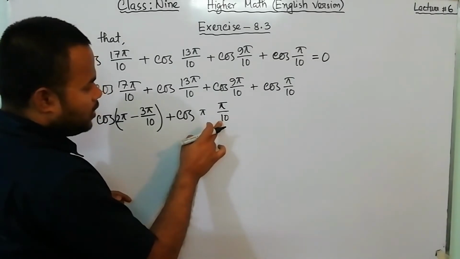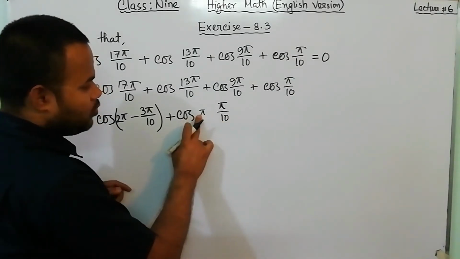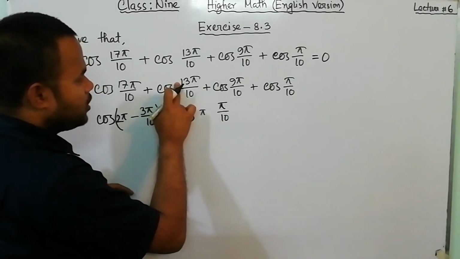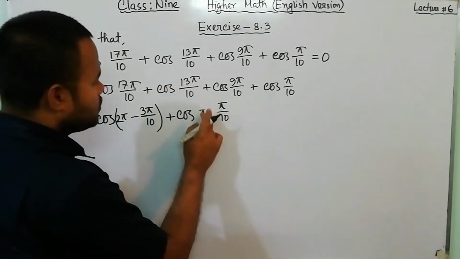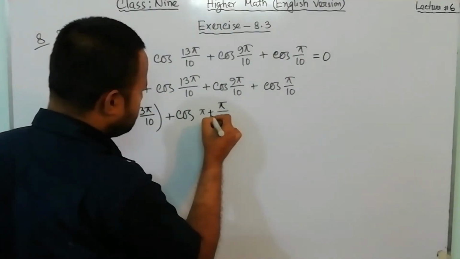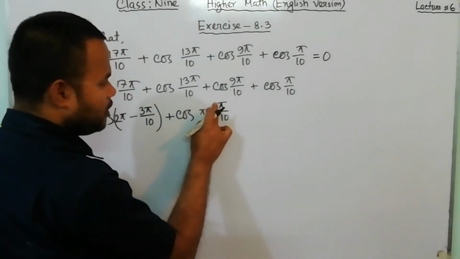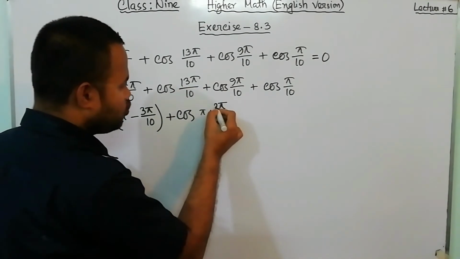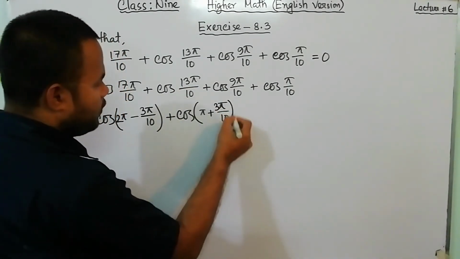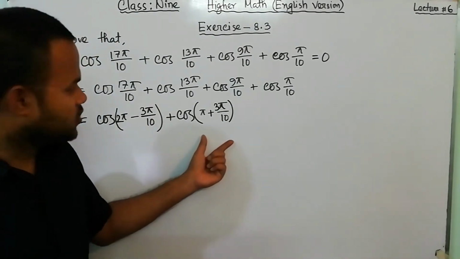So if we write here pi, then we have 10 pi, but we have to get 13 pi. So if we add, then we have 10 pi plus pi. We have here 10 pi, but we need 13 pi, so we have to add 3 pi here. Okay, I hope all of you understand this.